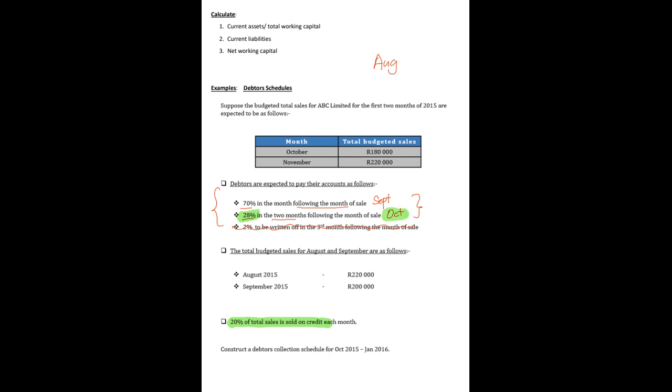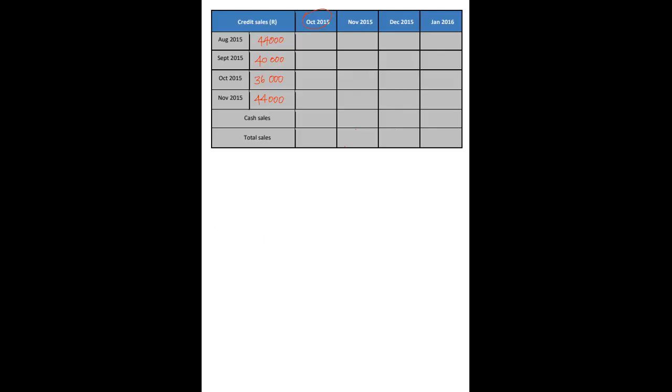So you're going to look at the August figure, work out 28% of it. So the August figure here is the 44,000. You're going to work out 44,000 times 28% or times 0.28.